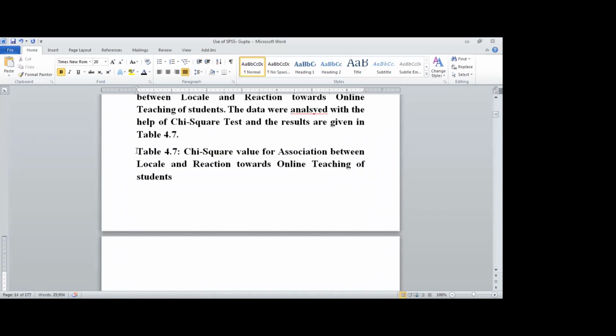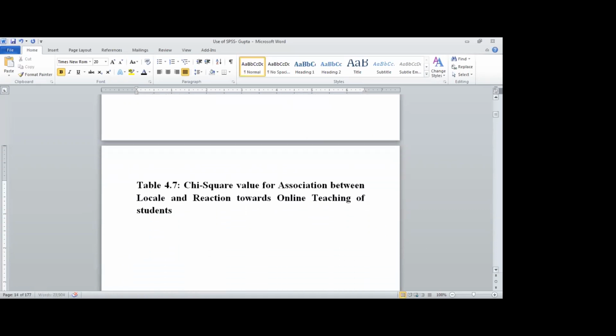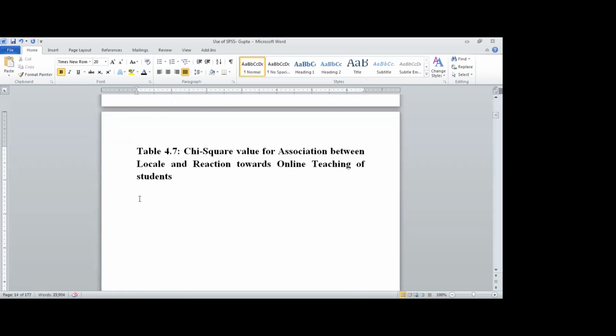Now this is my table. So let us take it on the next page, and here I can insert the table.